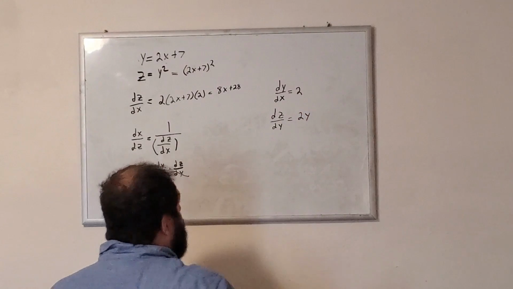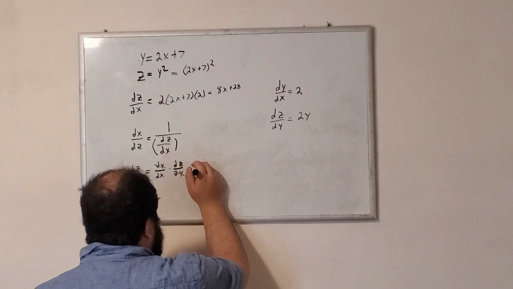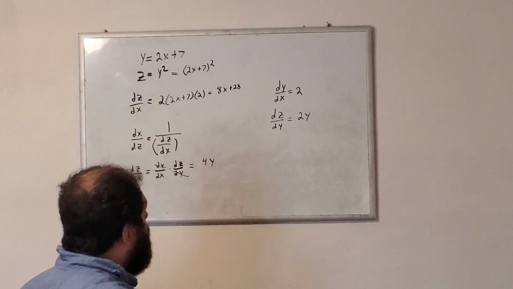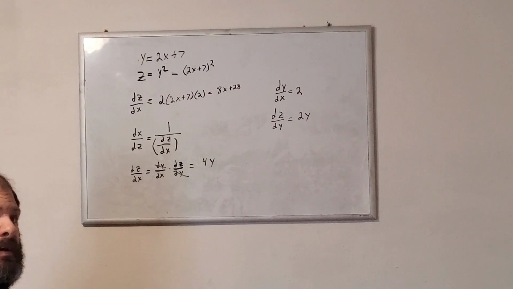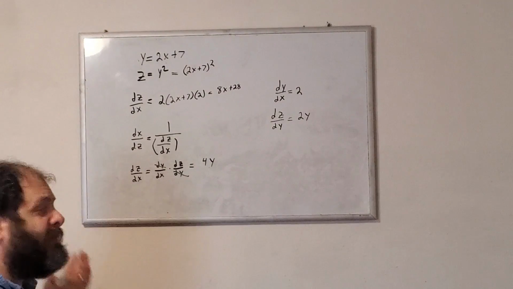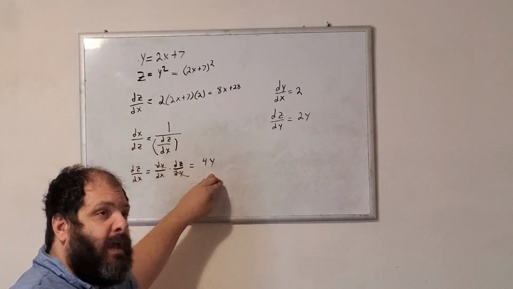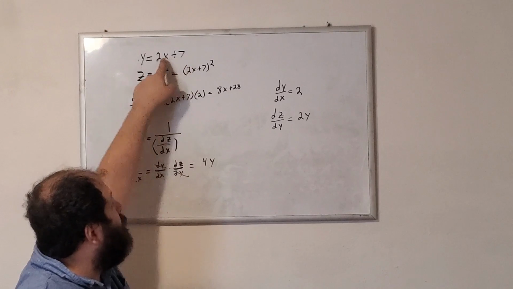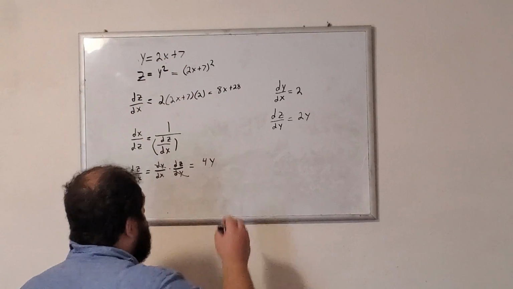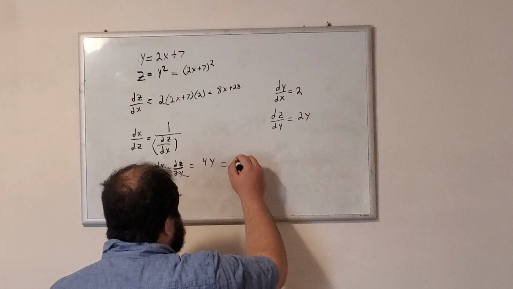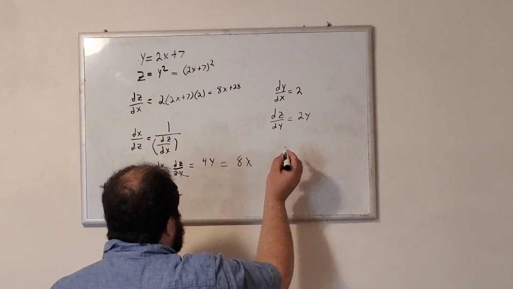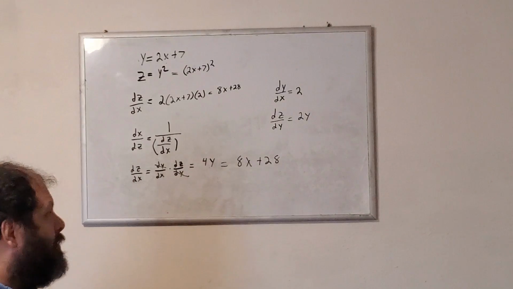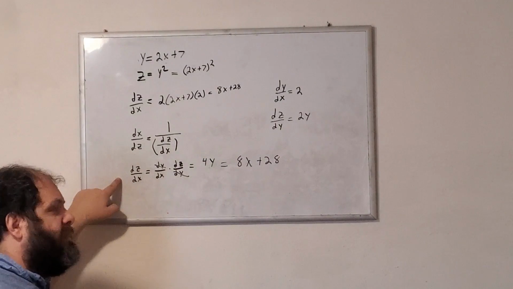And so then when we multiply, this here is equal to 4y. But now we have a problem, right? Because we were asked to find dz by dx. This should be a function of x, and we have a function of y. So our final step is to replace y with the formula for y in terms of x. And so then this would equal 8x plus 28. And so that's how we go about doing that problem using this method.